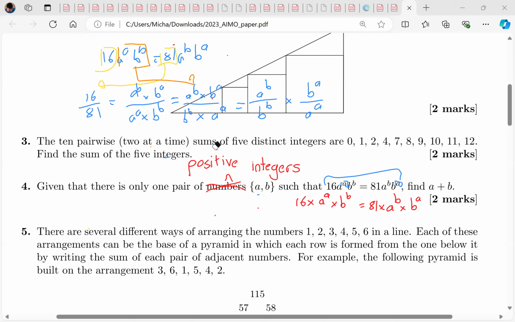If you do a to the a, there are a amount of a's, but if you do b to the a, then it's a amount of b's. I'm not talking about that. I'm talking about how many a's there are. There's a to the b on the right hand side and a to the a on the left hand side. Yeah, there's a to the a on the left, a to the b on the right. I'm suggesting to cancel those. Oh, okay. Yeah.